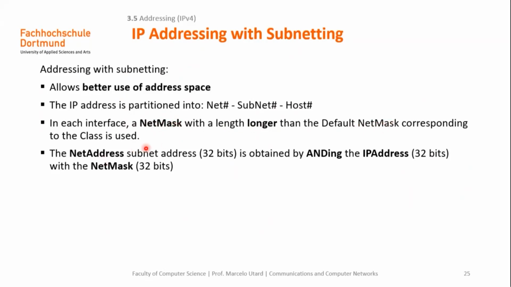Remember that to calculate the network address, we need to perform a logical AND operation between the IP address and the netmask. And then when you calculate and divide the address space into different net blocks or networks or subnetworks, always, when you perform the AND of the network address with the netmask, the result must be the network address.